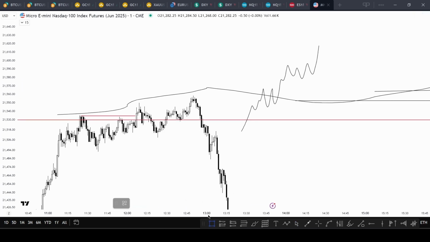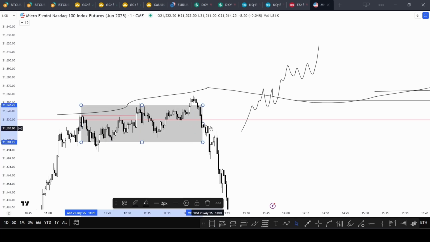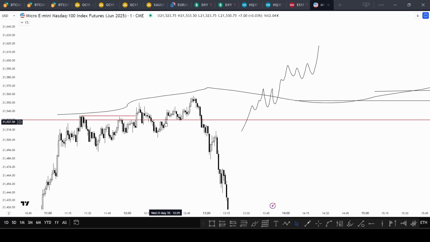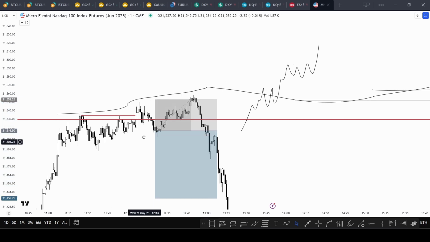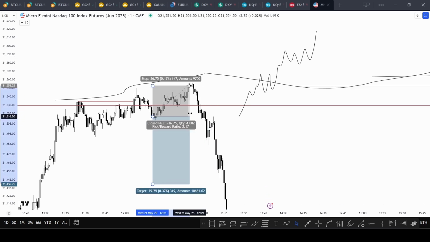You can check the wicks here. The candle wick is so high, and the volume was pretty dead here. That was also a good observation. Actually, I got a stop loss here before taking the actual short. I shorted somewhere near here, and I got stopped here.